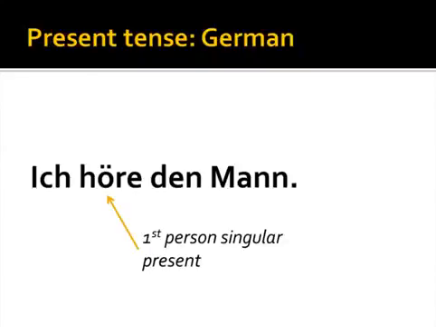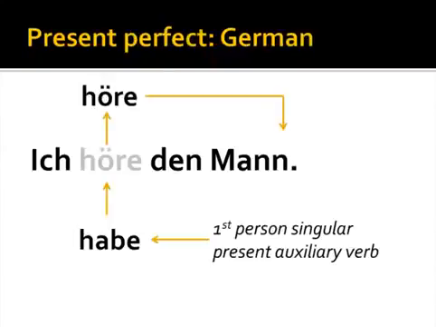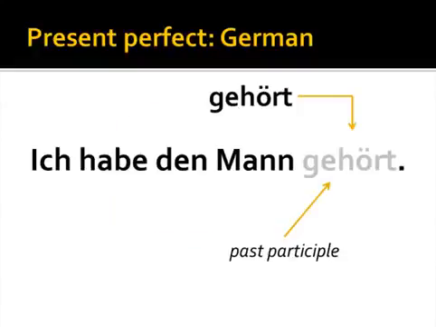We're still going to have a two verb construction, but we're going to take höre out of the sentence and replace it with the first person singular present helping verb habe. Now, höre is going to go at the end of the sentence, but we're going to change it into its past participle form.